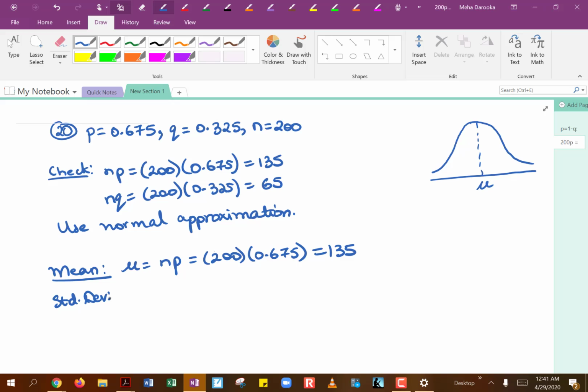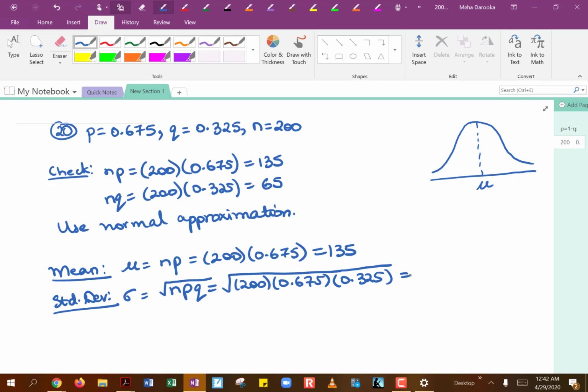So that's 200 times 0.675 times 0.325. Multiplying all of these and then taking their square root will give us approximately, and again I'm going to round this to one decimal place, 6.6 as our standard deviation.